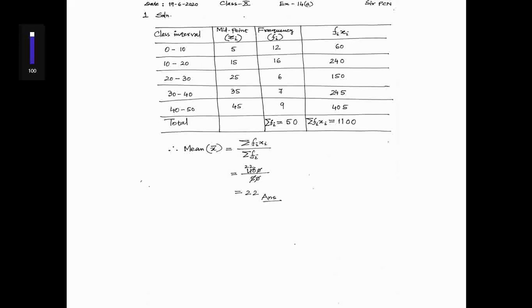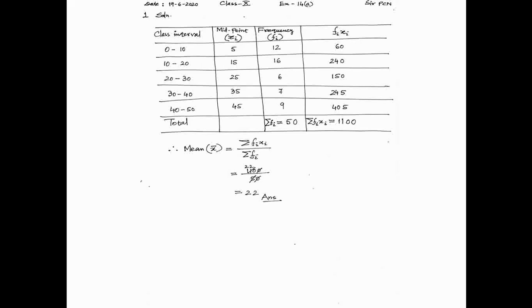Then what you will do, this frequency and mid value you have to multiply. So 5 into 12, 60, 15 into 16, 240, 25 into 6, 150. In this way I have multiplied.